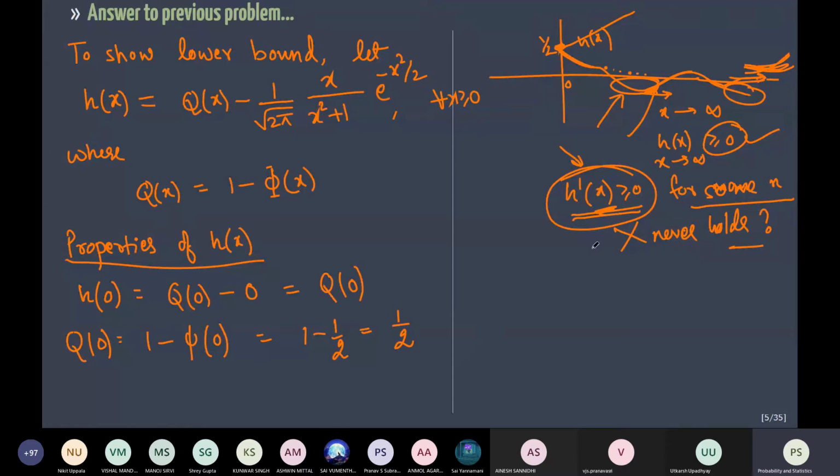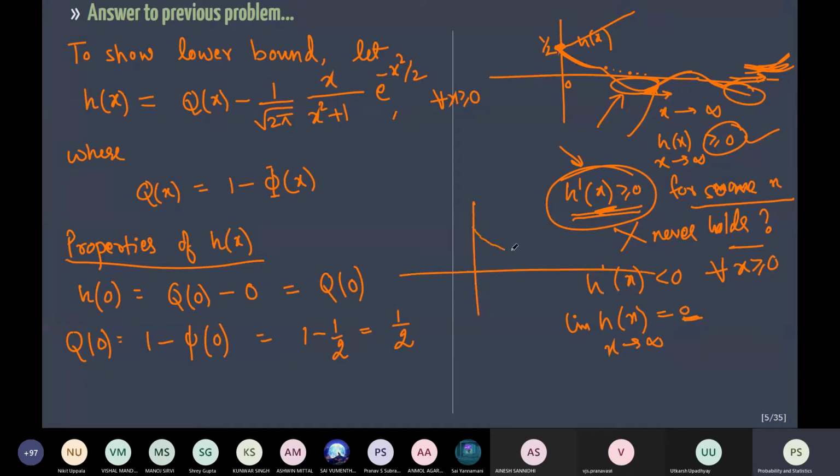In other words, if we can prove that h'(x) is less than 0 for all x greater than or equal to 0, and h(x) is, even if it's equal to 0 as x tends to infinity, so this is always less than 0, and even though h is approaching 0, it doesn't matter. What matters is that the slope is less than 0. So this will prove that h(x) will behave something like this.